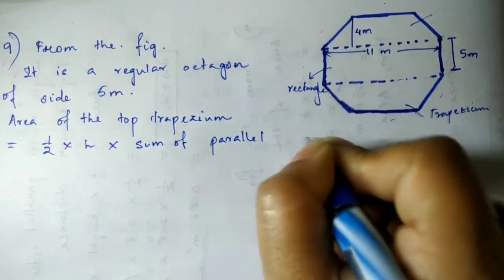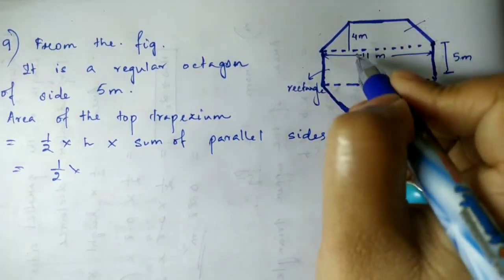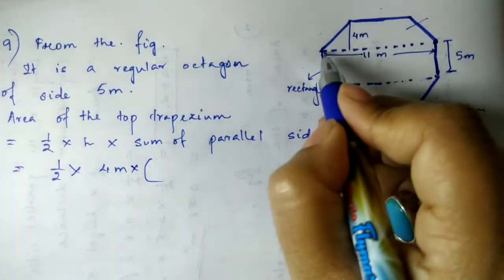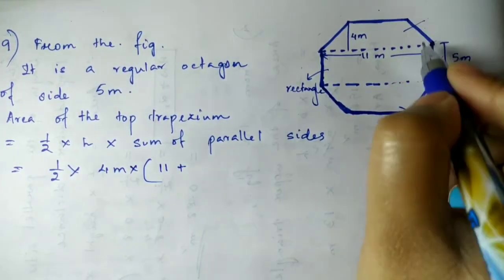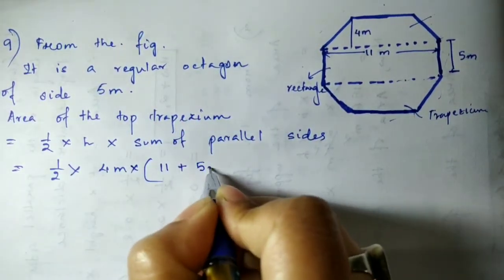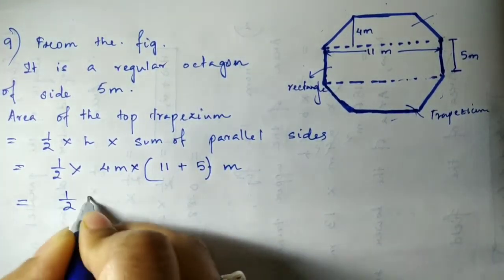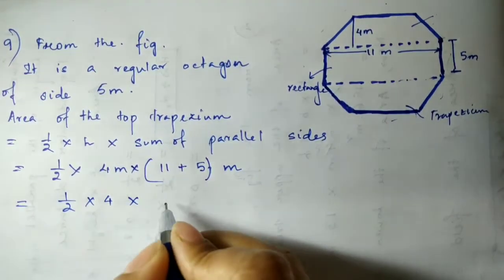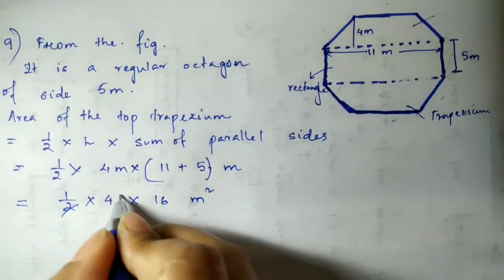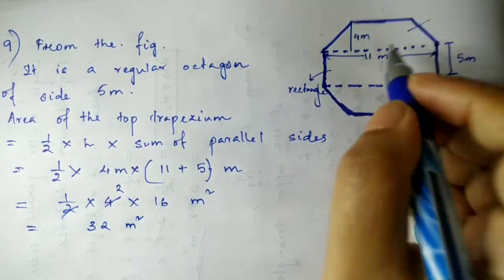I'm just writing the formula again. Half into height: this height is 4 meter. Sum of parallel sides: one parallel side is 11 plus another parallel side, this is the side of a trapezium, so it will be 5 meter. So half into 4 into 11 plus 5, which is 16, meters square. So 2 twos are 4, it will be equal to 16 into 2, which is 32 meters square. So I have the area of this trapezium.